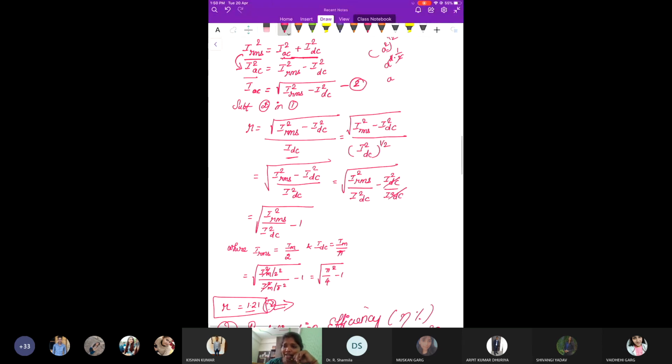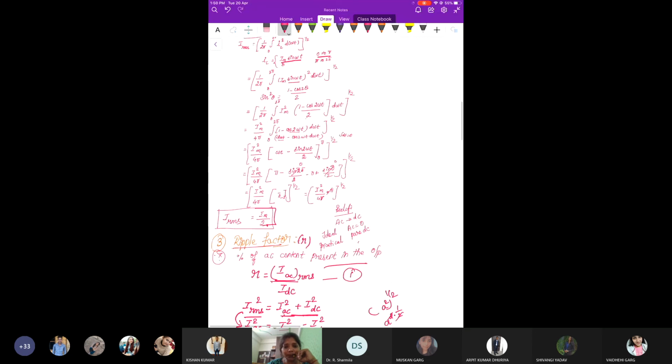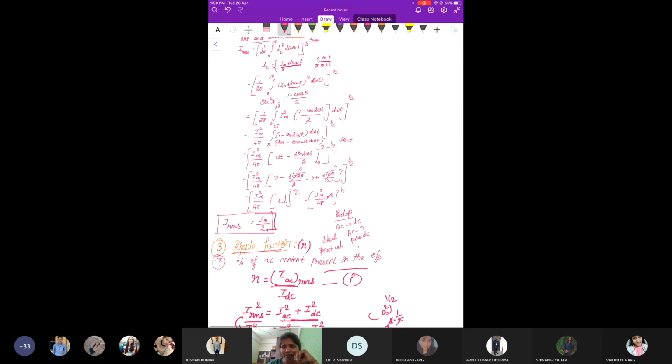Here we are getting 1.21, which multiplied by 100 gives near 121 percent. So by using this derivation we measure how much pure DC we are getting, how much AC component is added, and how to remove that AC component. That is the use of performing this analysis.